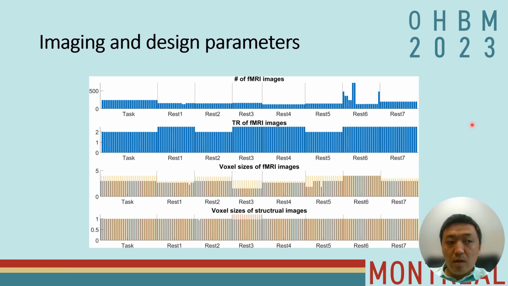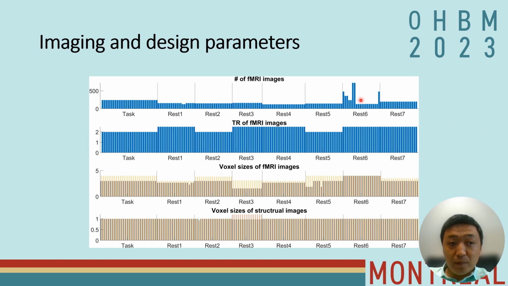For imaging and design parameters, it will also be helpful to plot the data across subjects. Here I show the data from the fMRI QC project. I plot each of the imaging parameters for each of the subjects. Here each bar represents one subject. You can see that some of the parameters actually vary across subjects.